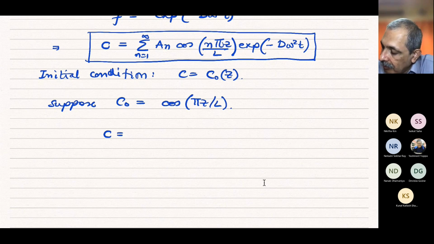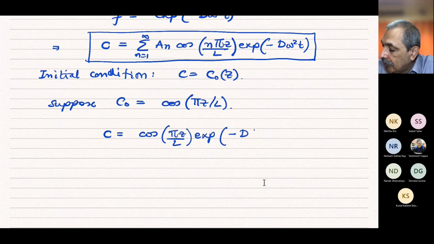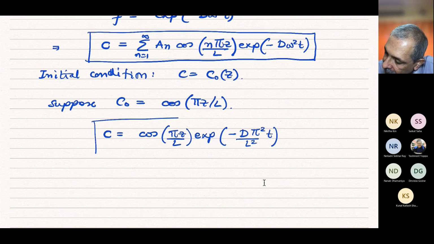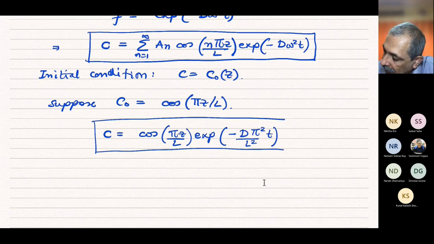So instead of a series, you will get a solution which is something like cos of pi z divided by L into e to the power minus D into pi squared divided by L squared into time. So this is the simple solution that you will get, and you will see how as time proceeds, your concentration will finally become uniform everywhere.